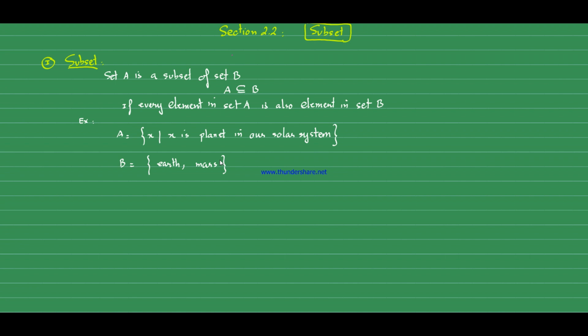So you know that our solar system has more planets than just Earth and Mars, right? There's a bunch of planets. We have Neptune, we have Mercury, and so on and so on. So you see that set B has two elements, Earth and Mars, and these two elements are also part of our solar system, just planets of our solar system.